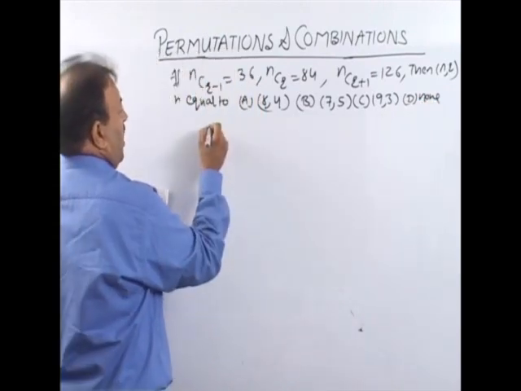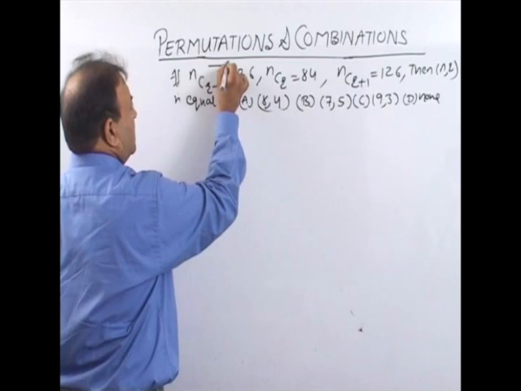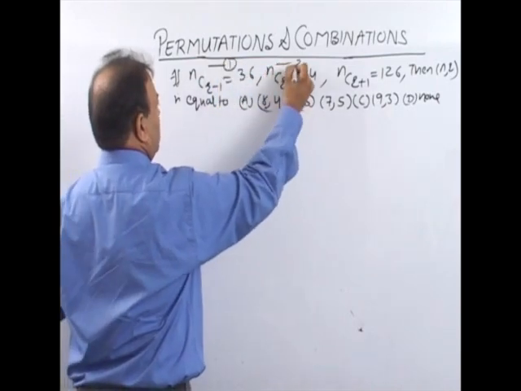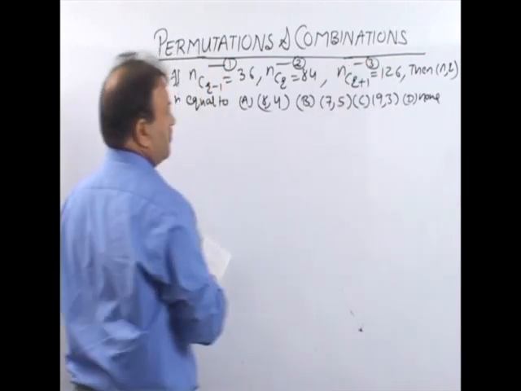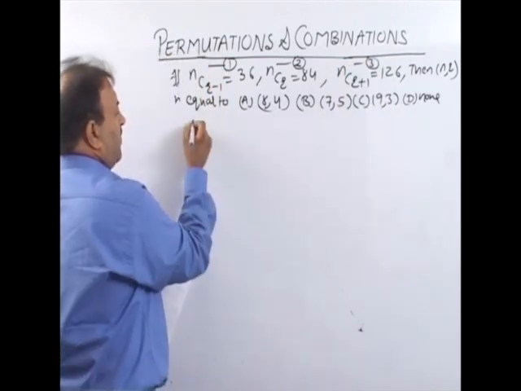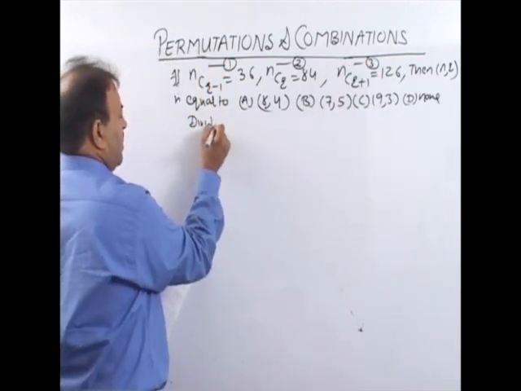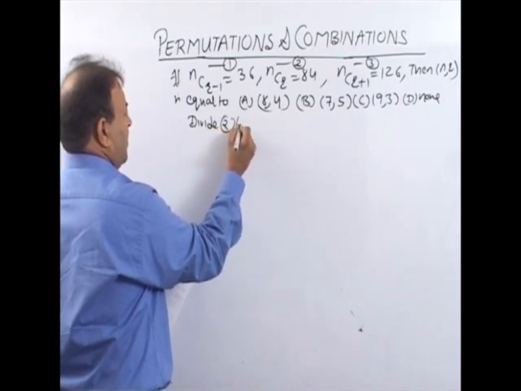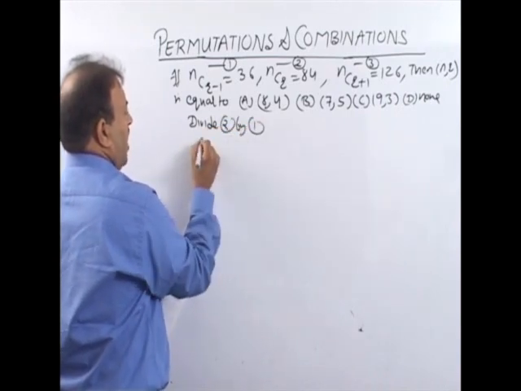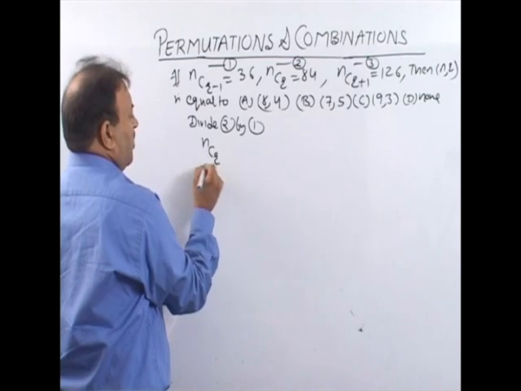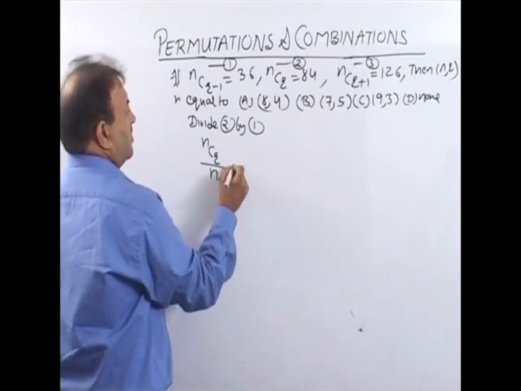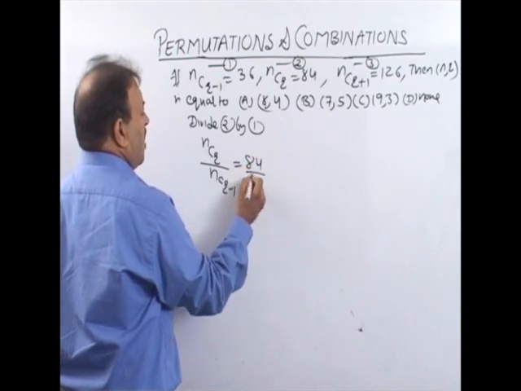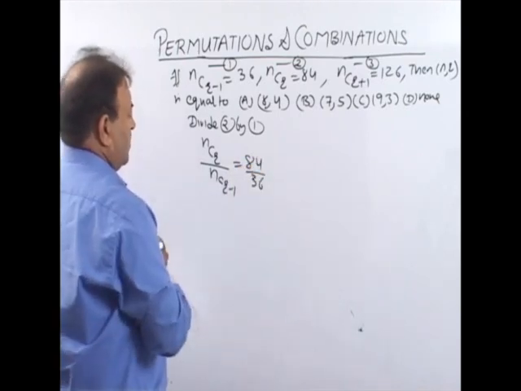Now अब हम क्या करेंगे, I name this as equation number 1, this as equation number 2, this as equation number 3. So divide 2 by 1. I got nCr over nCr minus 1 is equal to 84 upon 36.